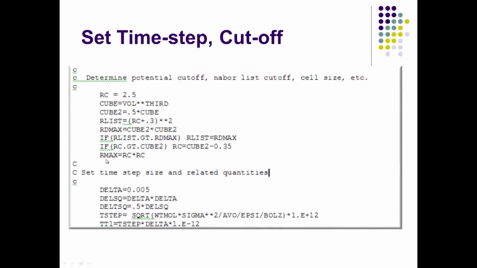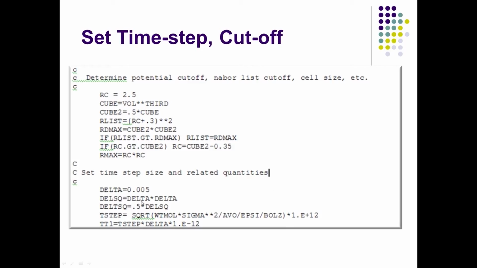R max, the position vector max in this case, is the square of the RC. In this case it's 2.5 sigma, so it's 2.5 sigma multiplied by 2.5 sigma. This is how you set up the maximum length scale that you are going to use.